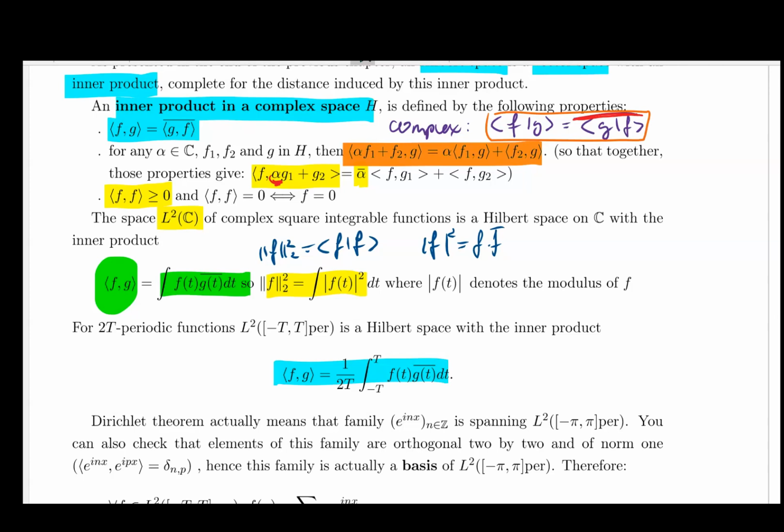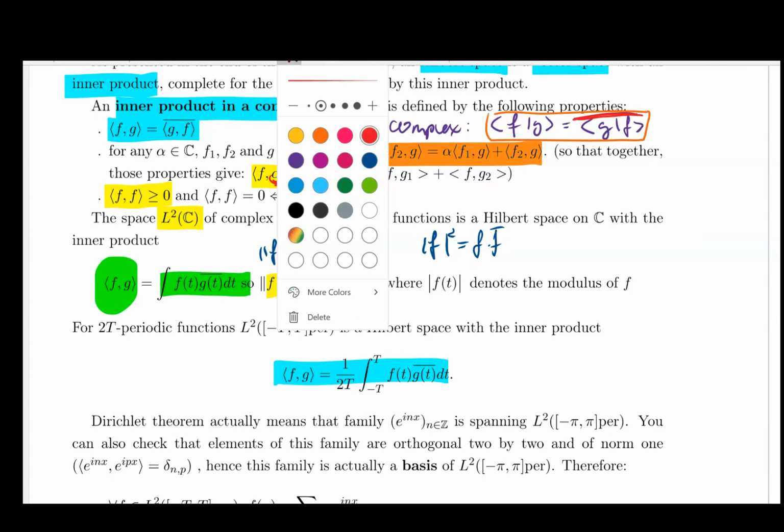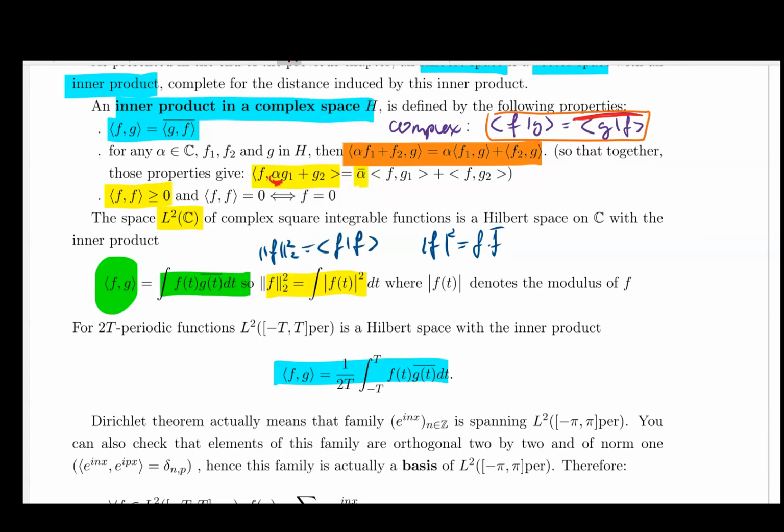Pay attention to the fact that every time we have expressed our period as 2 times some value, so that we do the integration from negative t to t, and the size of the interval of integration is 2t, which is 1 period. And so we divide by the period size also. That's a kind of normalization.